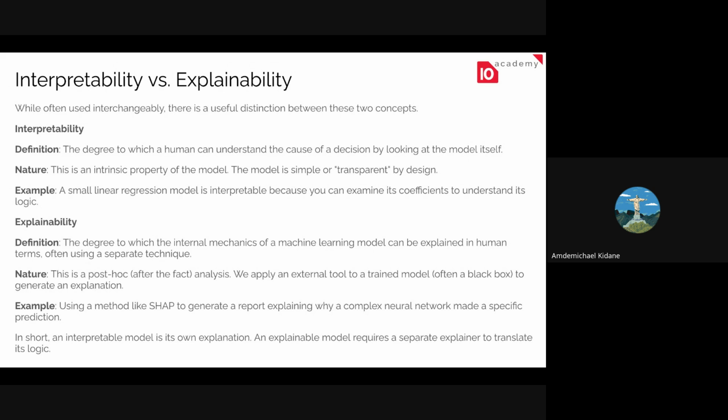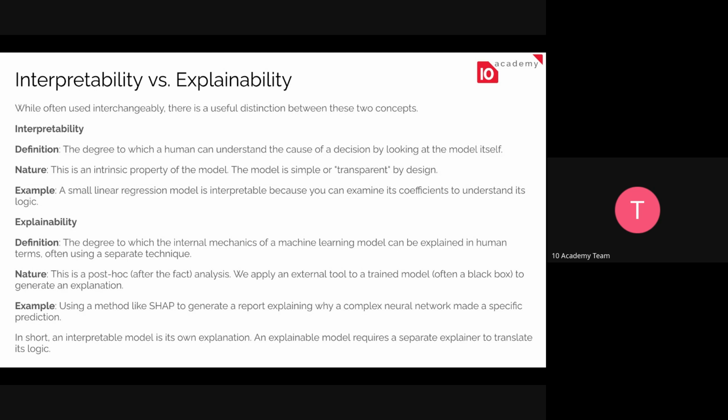But in this case, the model itself was learned from the data and makes some decisions. So what we are trying to do here is, whenever some decision is made by that model, we are going to make some kind of explanation, right?